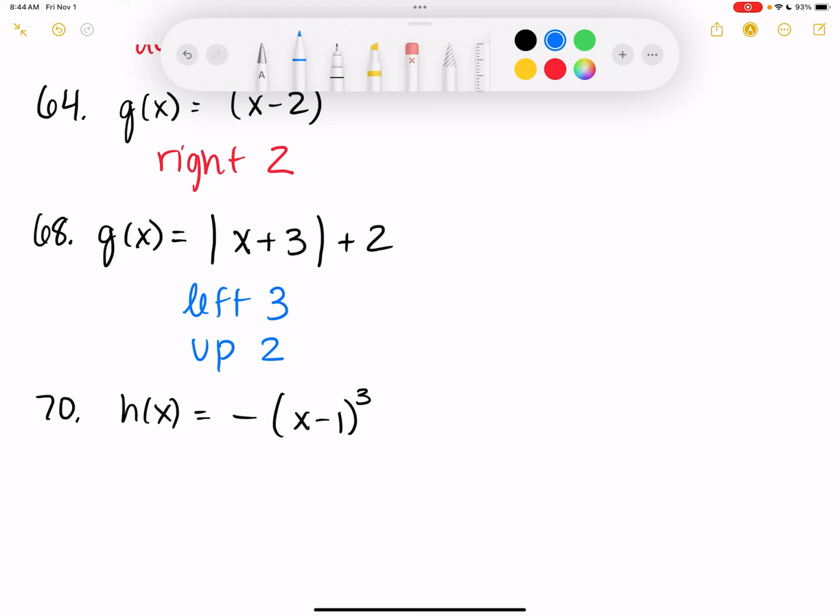Let's start with this. What does the negative out front tell me I'm doing? Yep, reflected. And what does this minus 1 tell me I'm doing? Right 1. And notice, this isn't compressed or stretched because the absolute value of this number in front would just be 1. We're only looking at if it's less than 1 or greater than 1.